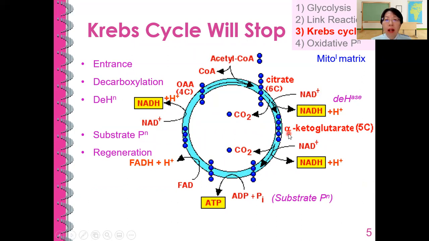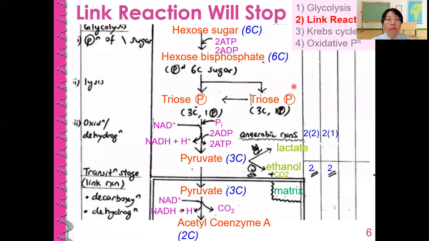From alpha ketoglutarate to oxaloacetate, you need to memorize there are 2 NAD+ needed and 1 FAD+ needed. So whenever there is no NAD+ and no FAD+, the entire Krebs cycle cannot occur. Same as for link reaction.